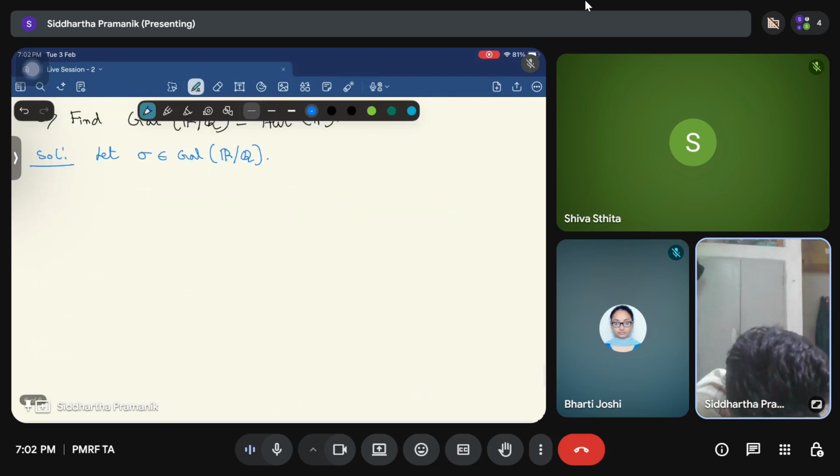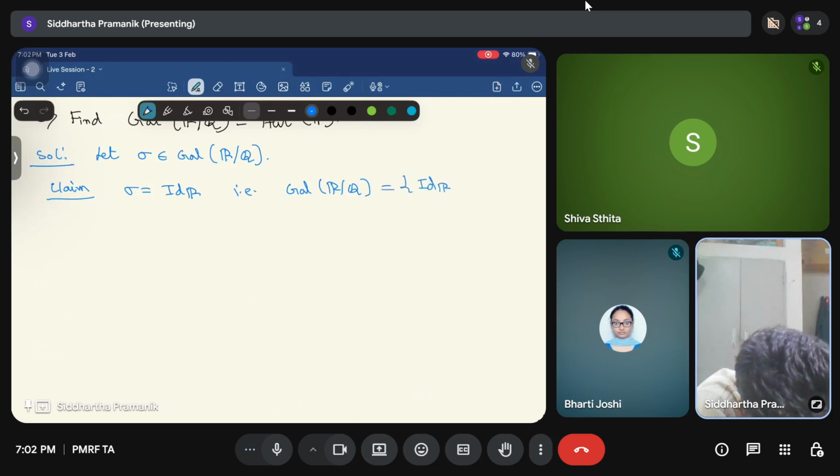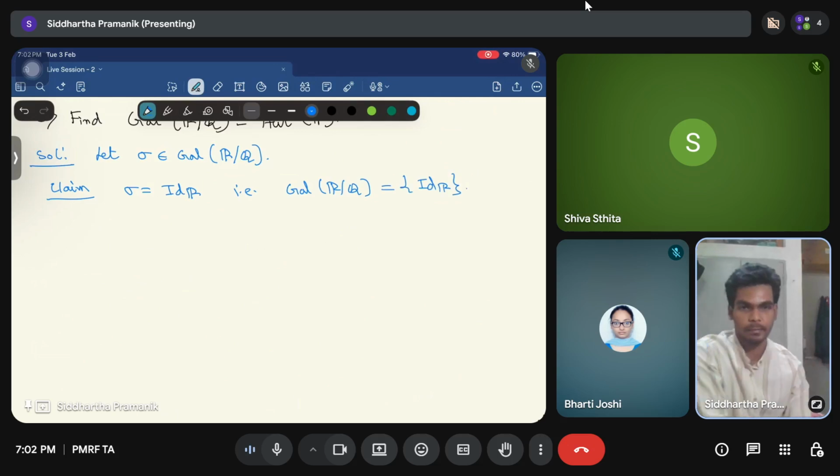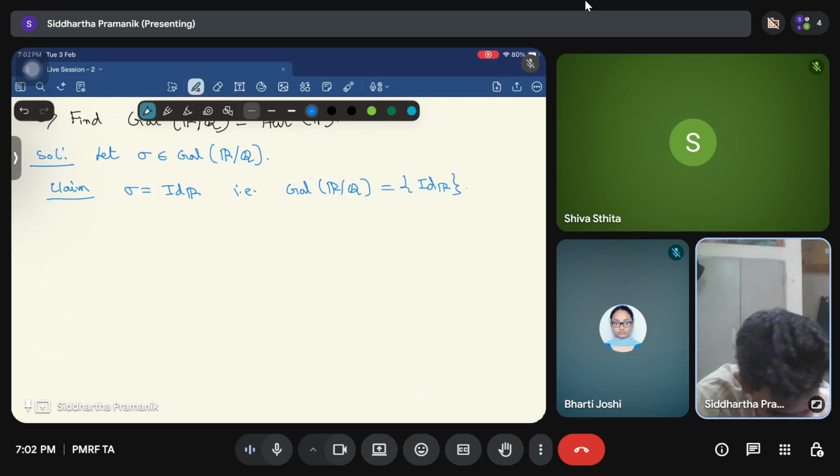My claim is sigma has to be the identity on R. That means the Galois group has cardinality 1. It is just the identity map on R. So this is my claim. So I will prove this in several steps.